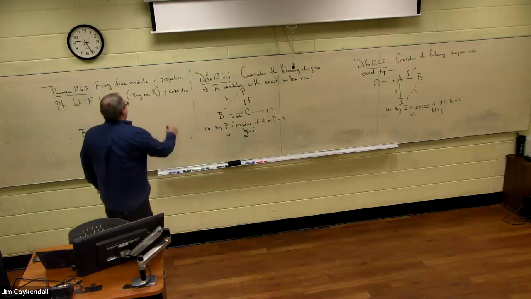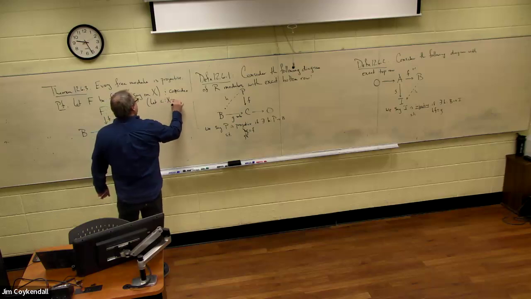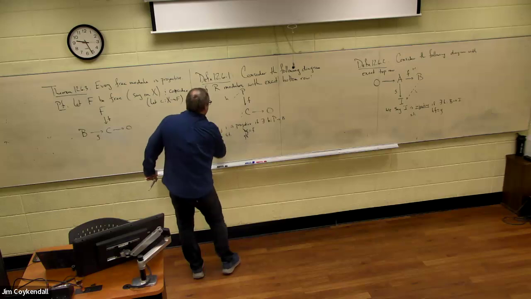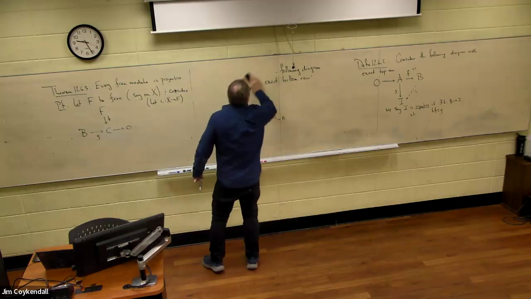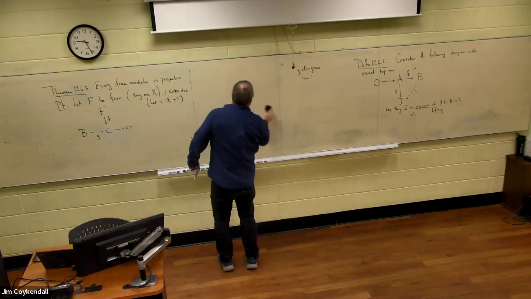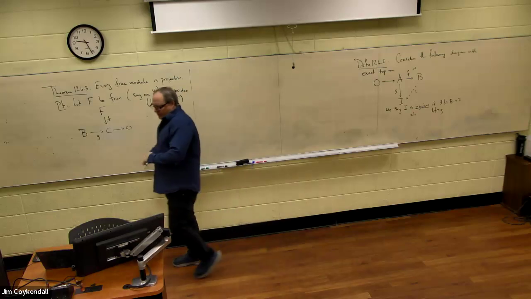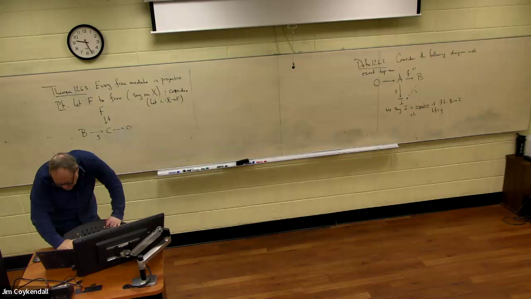So let iota be the inclusion of the basis X into F. Now, I'm going to use the fact that the map G is onto, and I'm going to do the following little bit.